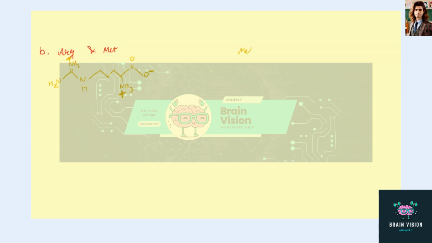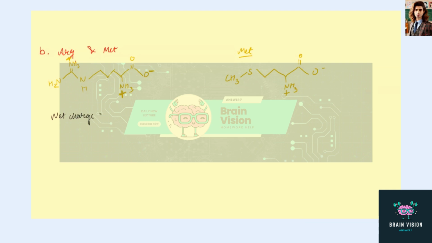Now, if you look at the structure of methionine, in methionine you have a sulfur, right? Here you have your amine group, then you have your carboxyl group. So your amine group will be positive. Now, let us calculate the net charge.